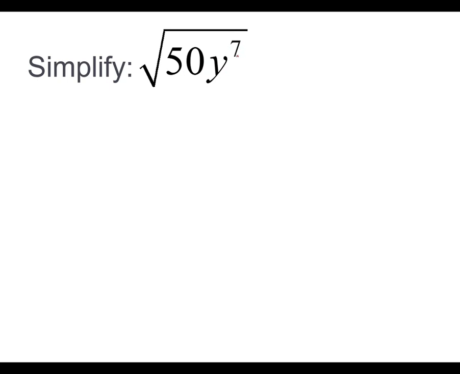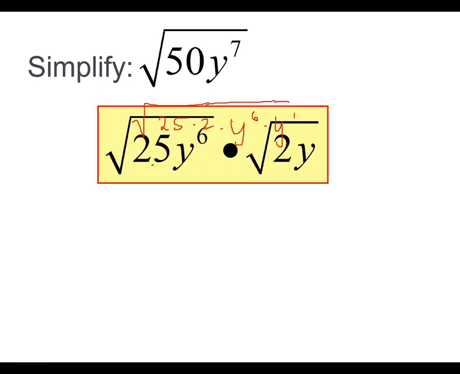50y raised to 7. So, that is square root of 25 tapos times 2. Then sa y, even lang, y raised to 6. May matitira pa kayong y raised to 1. No? Yan. So, ang sineperate niya lang yung merong perfect square root. Sineperate niya yung 2.